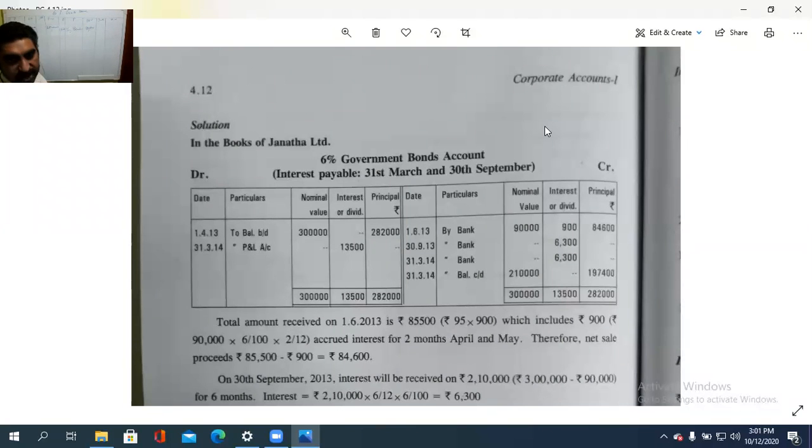But we need to calculate the interest for that. So how is the interest to be calculated? 90,000 into 6/100 into 2 months. So 2 months, that is 2/12.